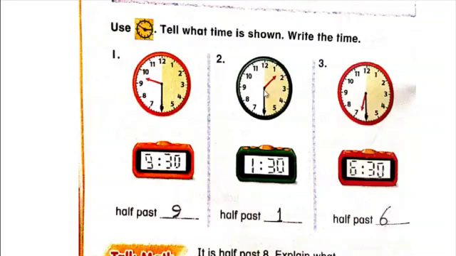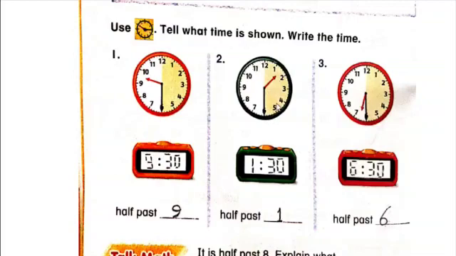And here the minute hand is pointing to 6. 6 means that 30 minutes passed. So we know minutes are going to be 30 as half past. Okay? So right here, 30 minutes on the right side.